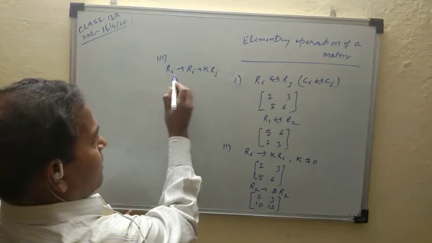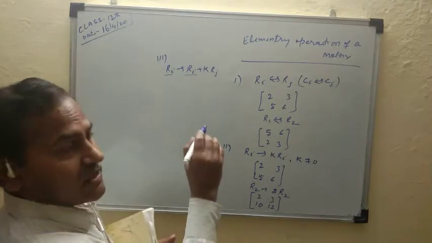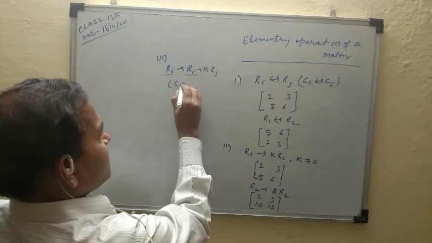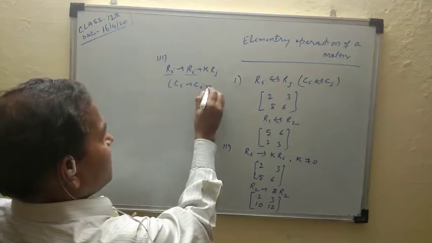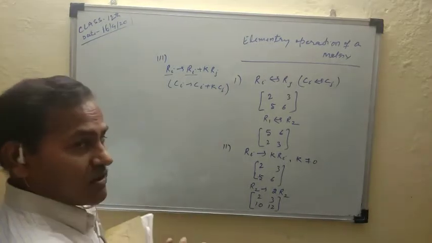You remember, if Ri changes, then first write Ri. Similarly, if Ci changes, then Ci plus k into Cj.